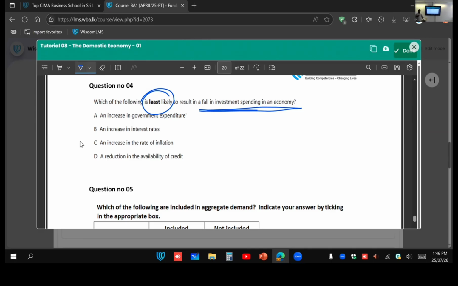Which should result in a fall in investment, right? Those who say the answer is A, those joining online, please put your answers in the chat box.